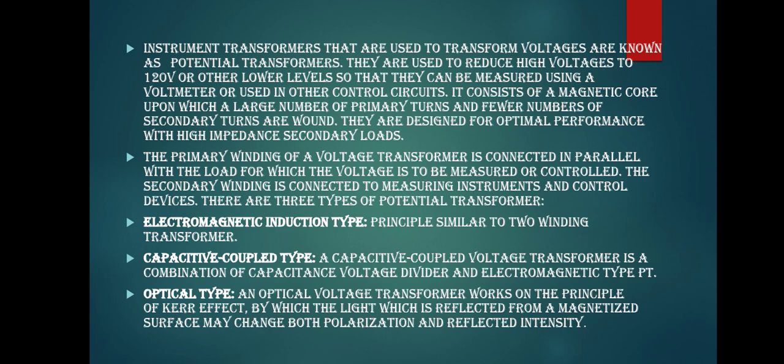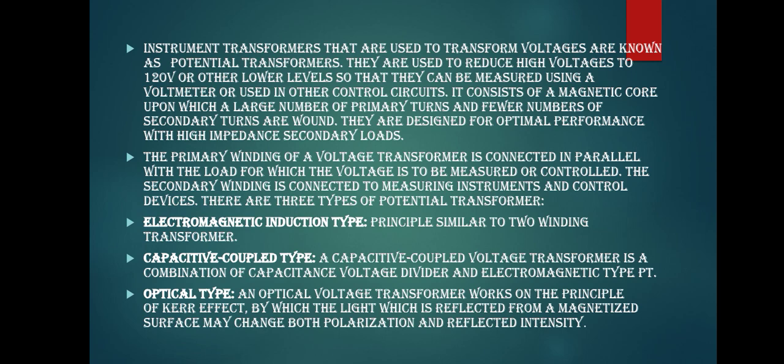There are three types of potential transformers. Electromagnetic induction type, principle similar to a two-winding transformer. Capacitive coupled type. A capacitive coupled voltage transformer is a combination of a capacitance voltage divider and an electromagnetic type PT.